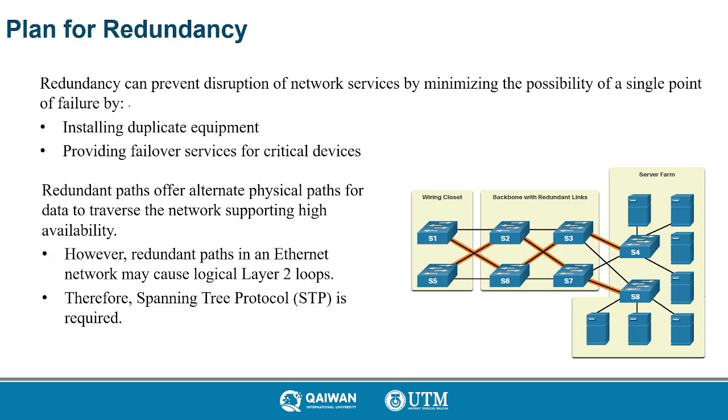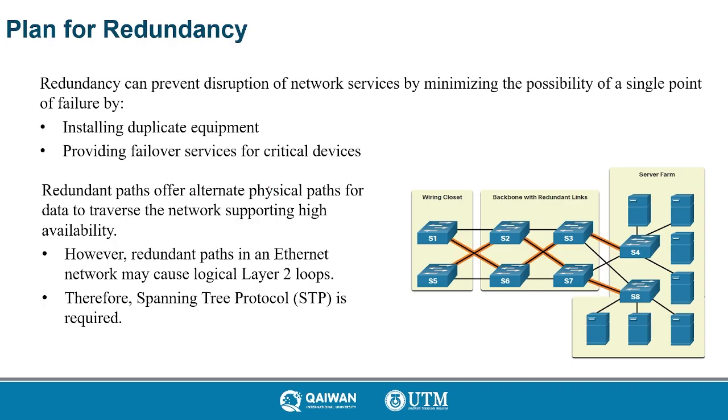By installing duplicate equipment, even if it is not a requirement, you still need to have it, because sometimes a switch might go down for no reason. At that time your network would still be available because you have your backup. Providing failover services for critical devices, we will try to explain these also.